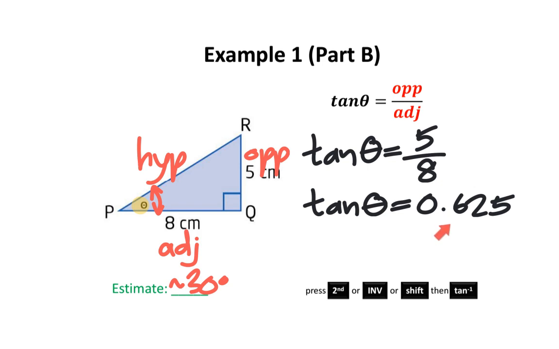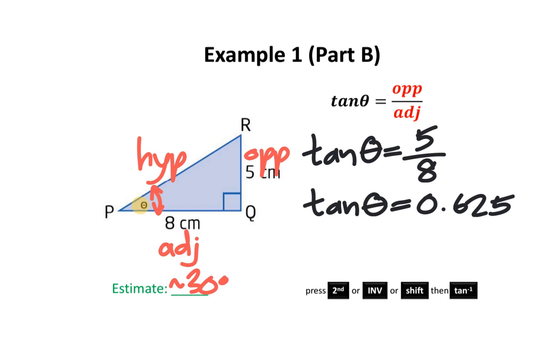To change this number into something more reasonable, I'm going to have to use a new button on my calculator. It's going to look like tan with a -1 beside it. If using a phone, you'll likely have to turn your phone sideways. Now, to access this button, you'll likely have to press the second button, or the inverse button, or the shift button, then the tan -1 button.